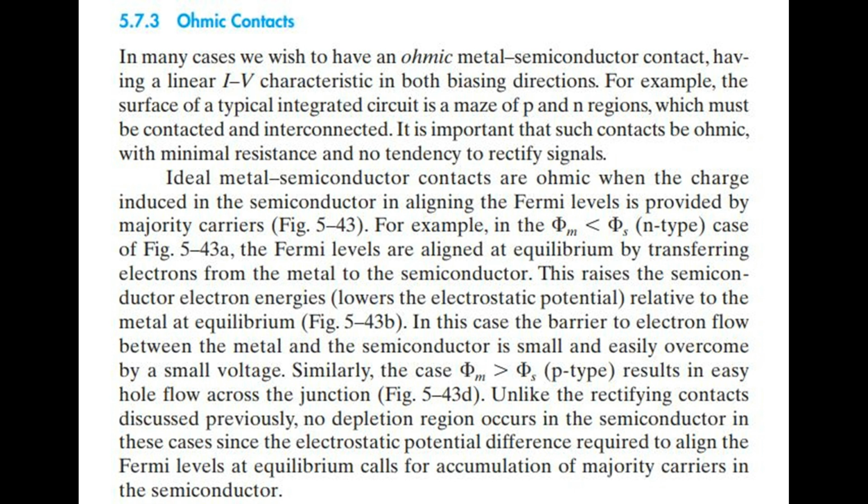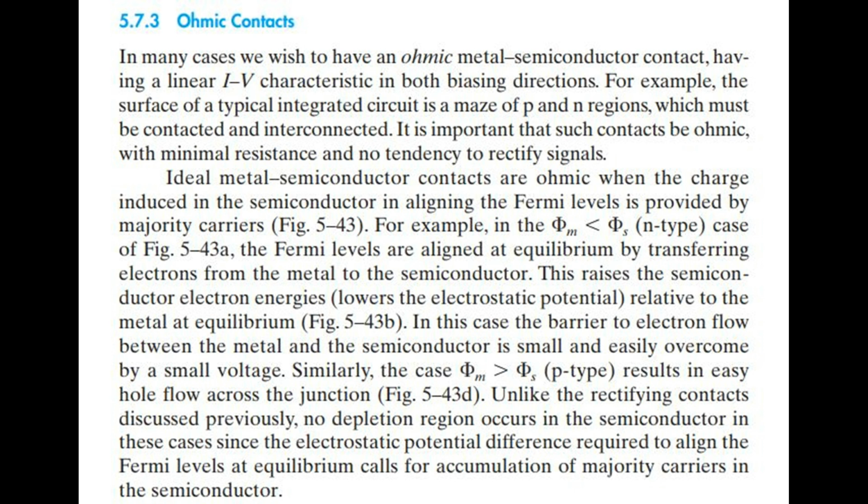For example, in the Φm < Φs, N-type, case of Fig 5-43a, the Fermi levels are aligned at equilibrium by transferring electrons from the metal to the semiconductor. This raises the semiconductor electron energies, lowers the electrostatic potential, relative to the metal at equilibrium, Fig 5-43b. In this case, the barrier to electron flow between the metal and the semiconductor is small and easily overcome by a small voltage.